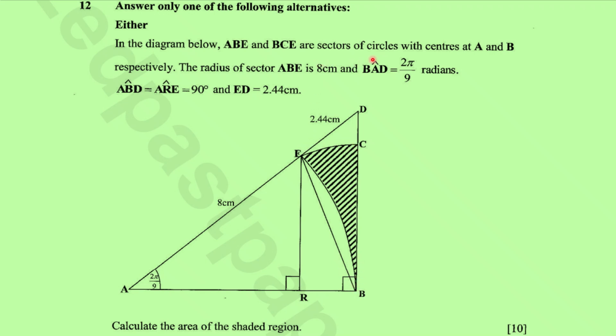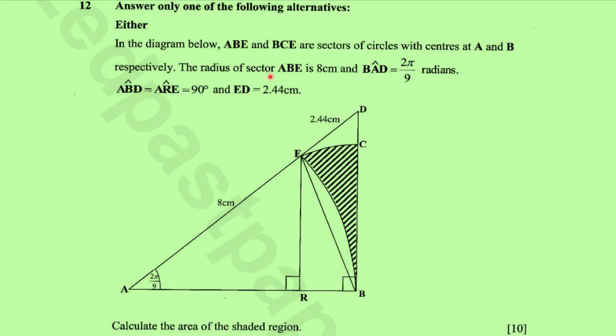They've told us these sectors have centers at A and B, respectively. So remember what this means. A is the center for the sector ABE, and B is the center for BCE.